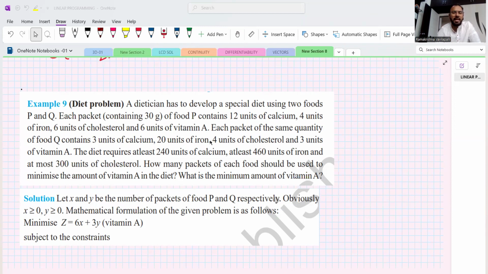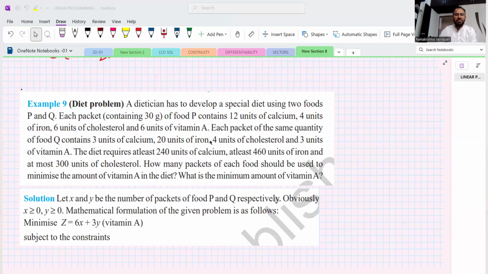Here, a dietitian has to develop a special diet using two products P and Q. Each packet containing 30 grams of food P contains 12 units of calcium, 4 units of iron, 6 units of cholesterol, and 6 units of vitamin A. Each packet of the same quantity of food Q contains 3 units of calcium, 20 units of iron, 4 units of cholesterol, and 3 units of vitamin A. The diet requires at least 240 units of calcium, at least 460 units of iron, and at most 300 units of cholesterol.